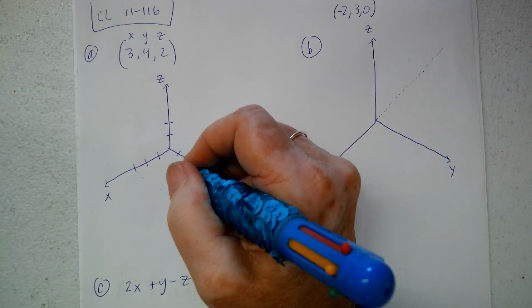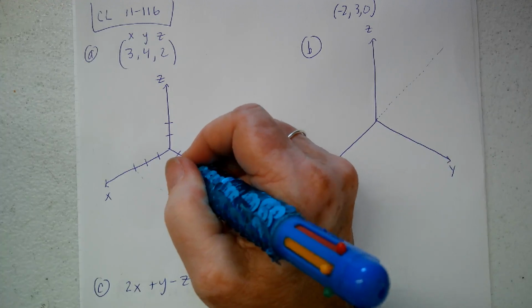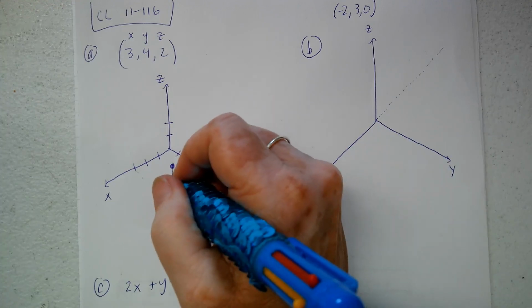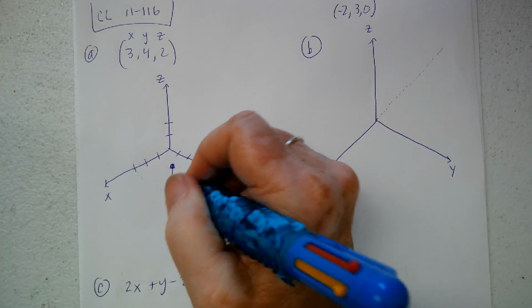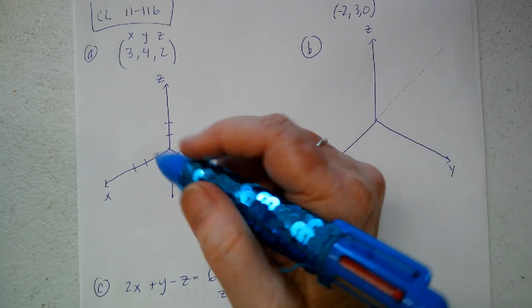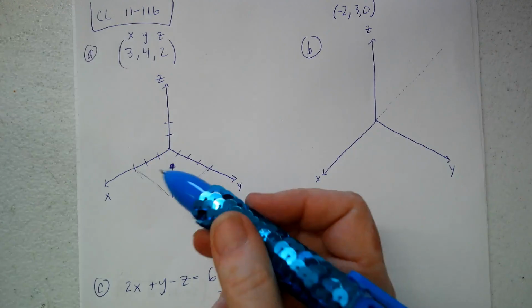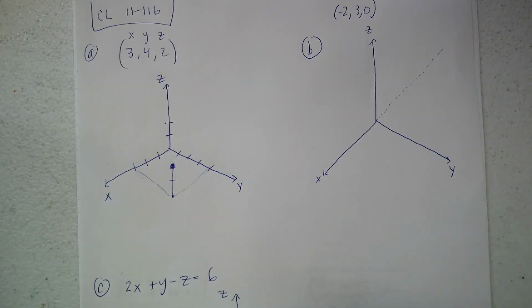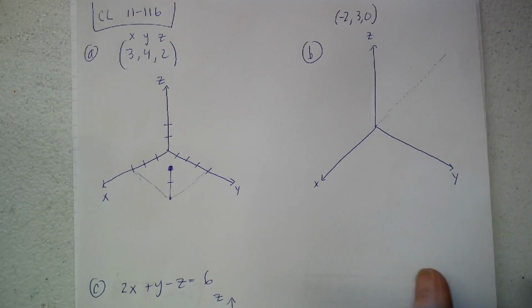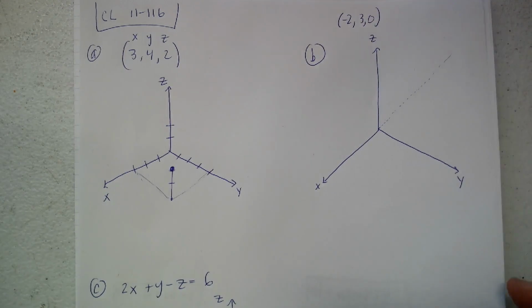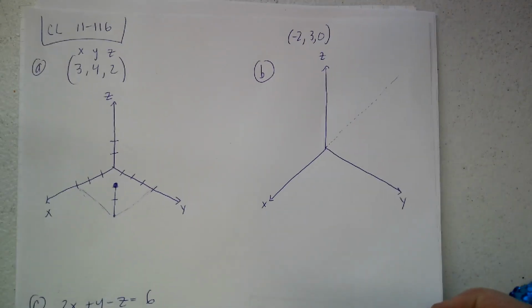So you just go like this, put a point, and put some tick marks so that it looks like it's sticking up out of the paper. No, it's not perfect, but that's how I do it. If I would have used some dot paper, it might have looked a little nicer.